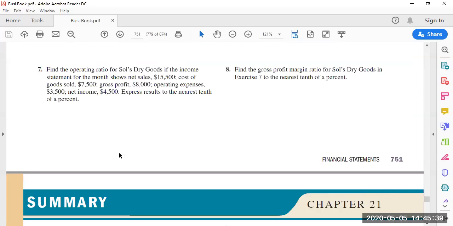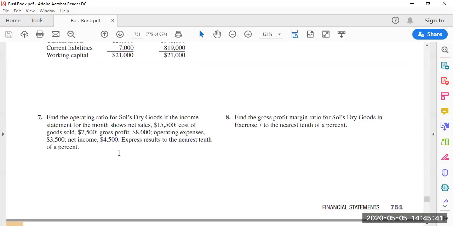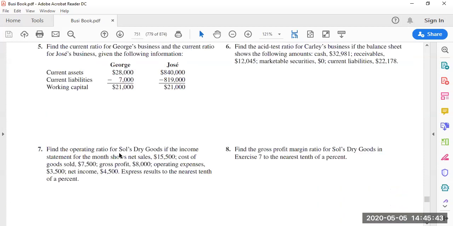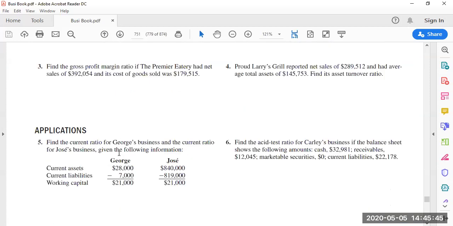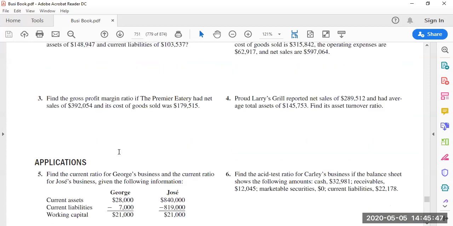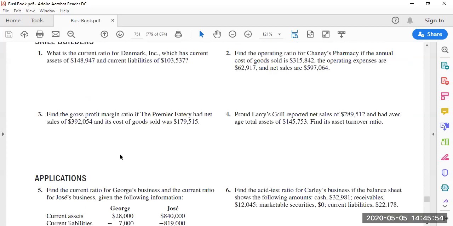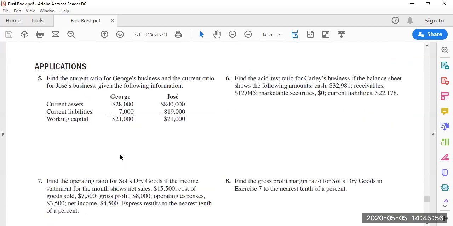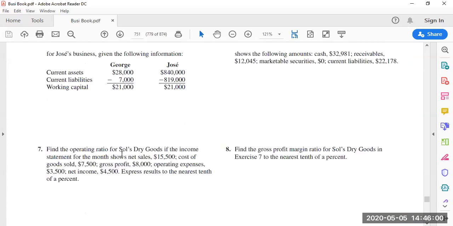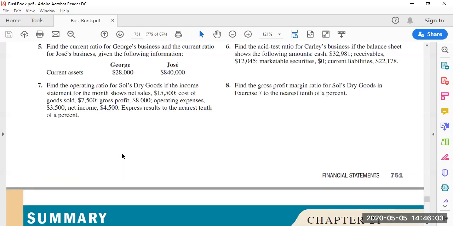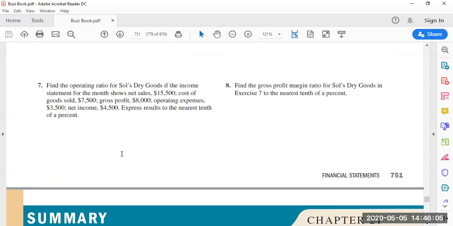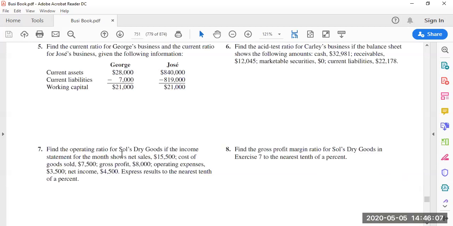There are 8 problems in our section exercises. Let's do the odd numbers, except for when we have to do an even problem if that even problem is based on the odd. Okay, so section exercises 1 through 7, odd. That is our discussion on chapter 21, financial statements.